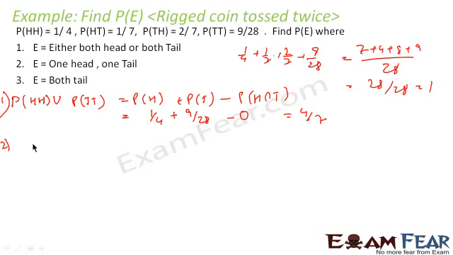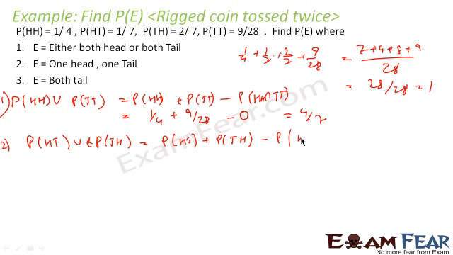Now let's go to option 2. It says one head, one tail. That means P of HT union P of TH. So this is equal to P of HT plus P of TH minus P of HT intersection TH.